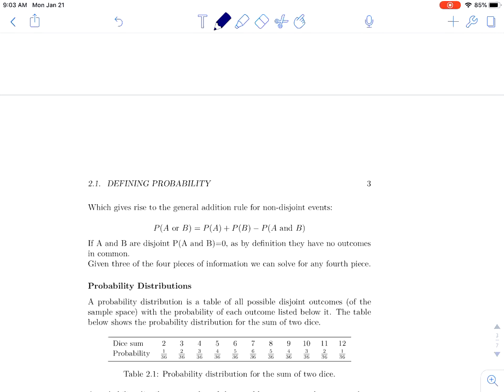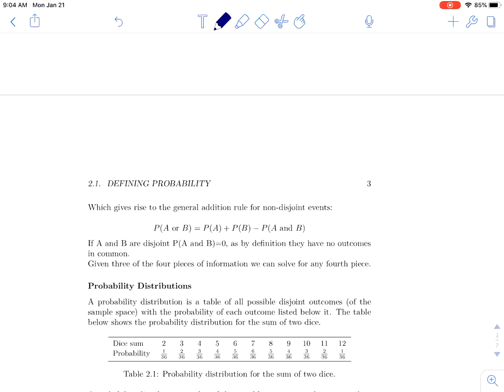So that's just something to keep in mind. And that's why earlier when we were able to just add up the probabilities, that's the reason, right? Because the probability of a 4 and a 6 happening at the same time is 0.